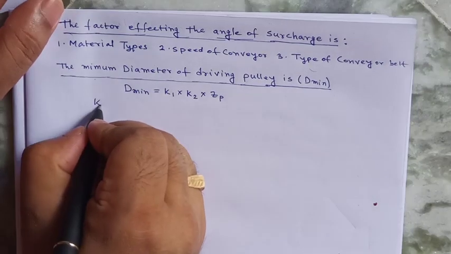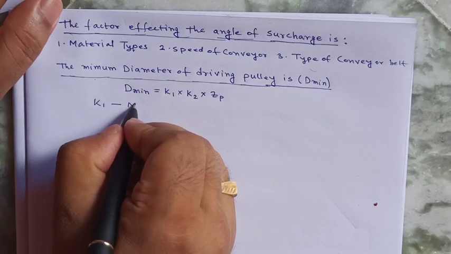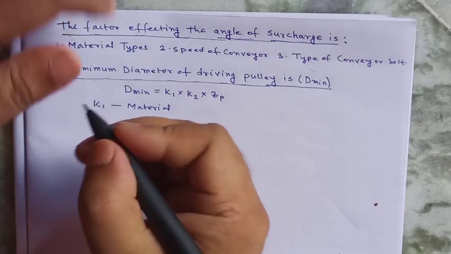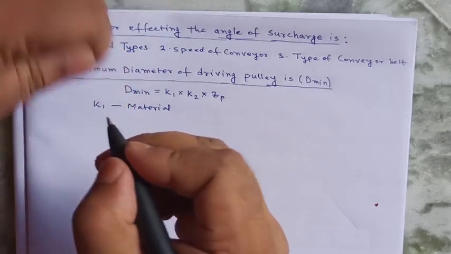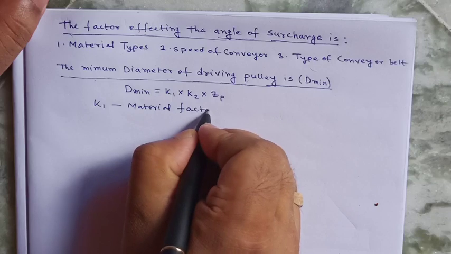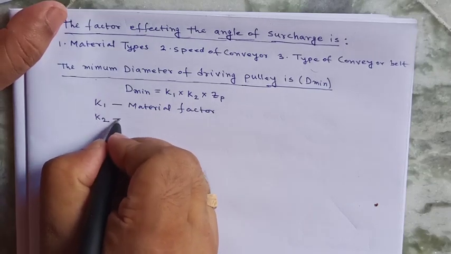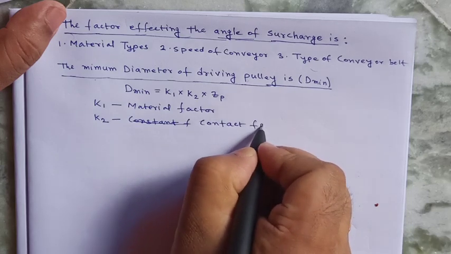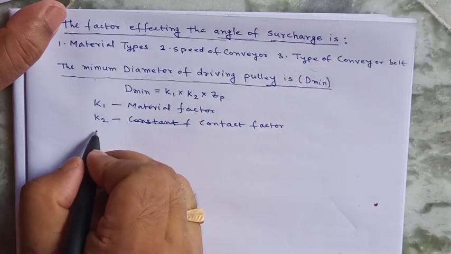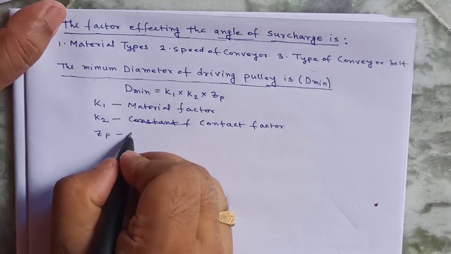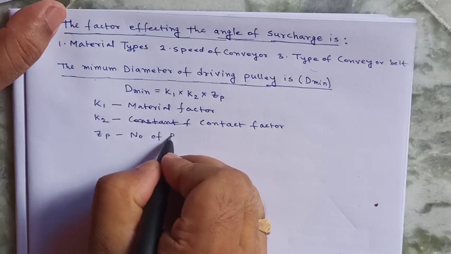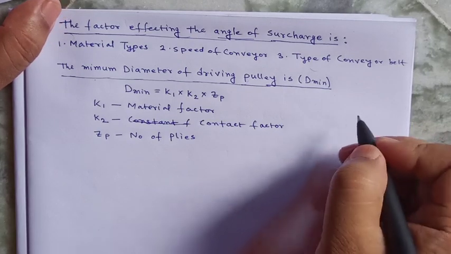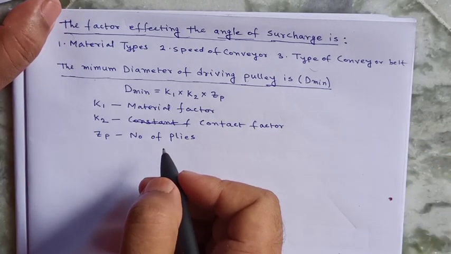Now this K1 is the material factor, K2 is the contact factor, and ZP is the number of plies. That is the contact factor, and the number of plies present on it.